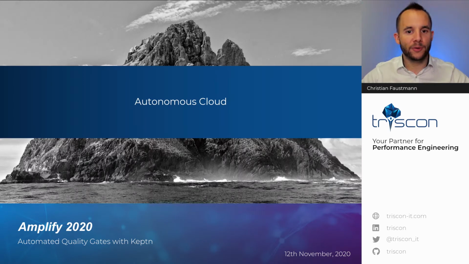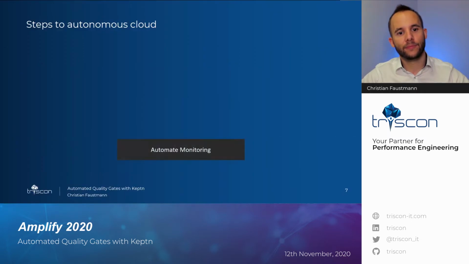One of the new buzzwords in the industry is autonomous cloud. But instead of hyping it even more, let us go through the steps which are necessary to achieve it. Autonomous cloud means that the cloud can take care of itself. As our baseline, we assume that you already have a monitoring system in place, like Dynatrace or Prometheus.